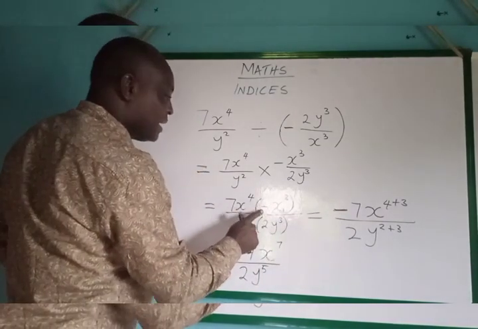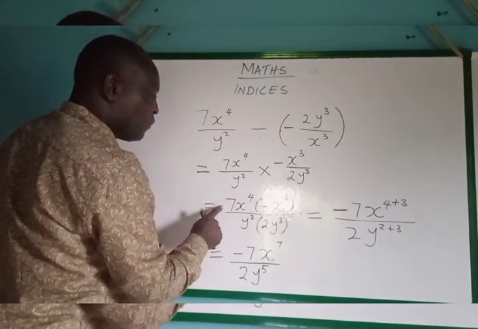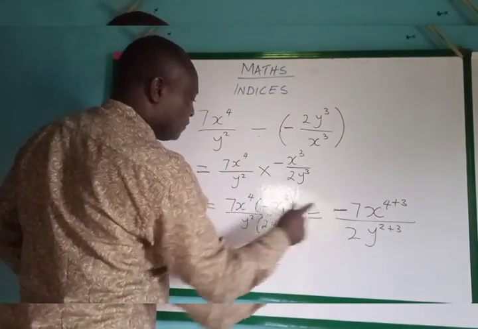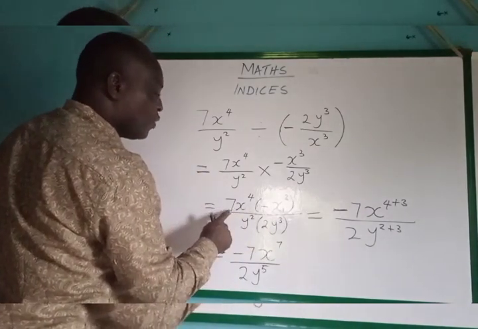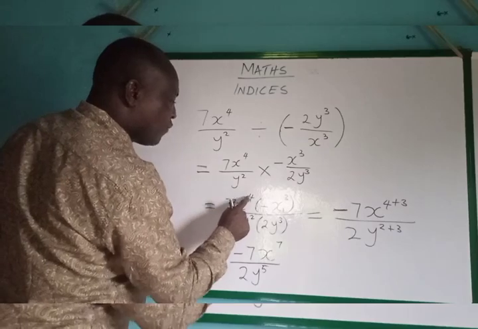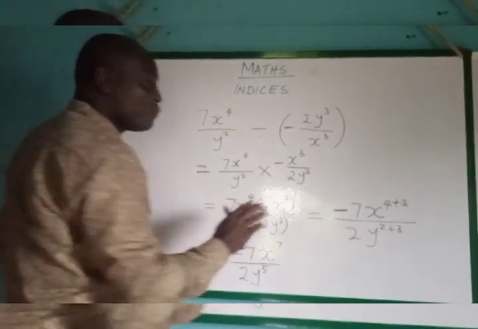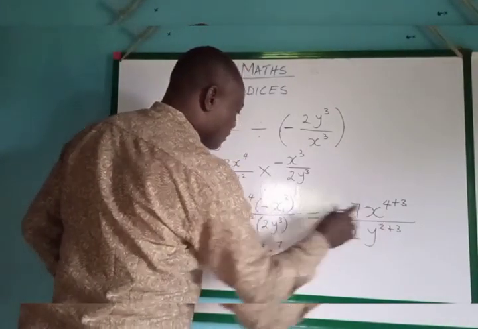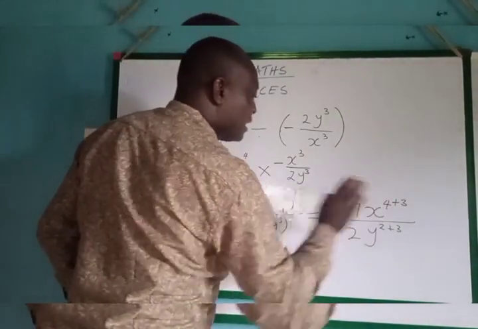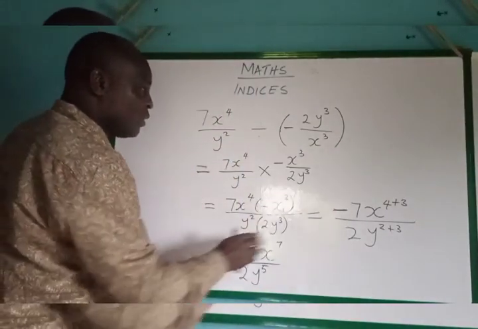But remember, this is negative and this is positive. Positive and negative will become negative. So, after we've gotten 7, we have x raised to the power 4 and x raised to the power 3 multiplying. Product law of indices. Just pick one of them, and add their powers together. That is product law.